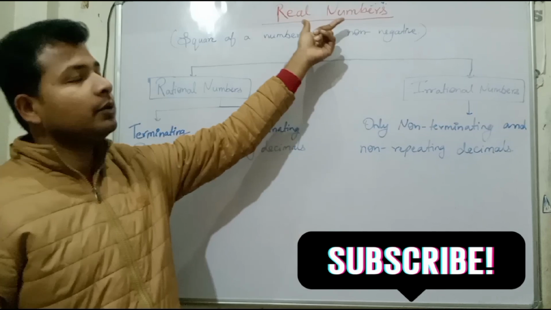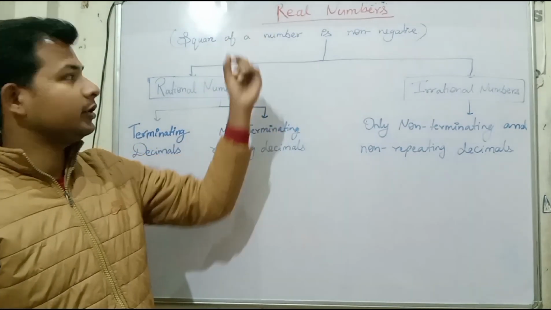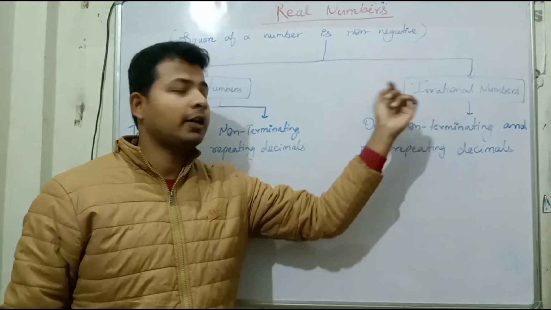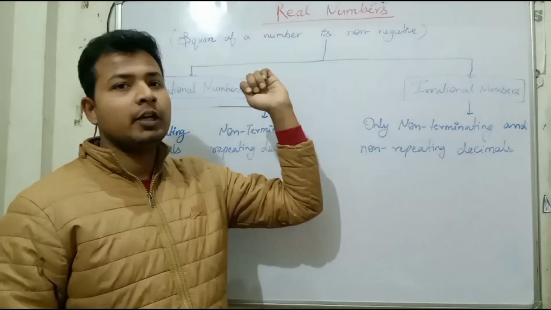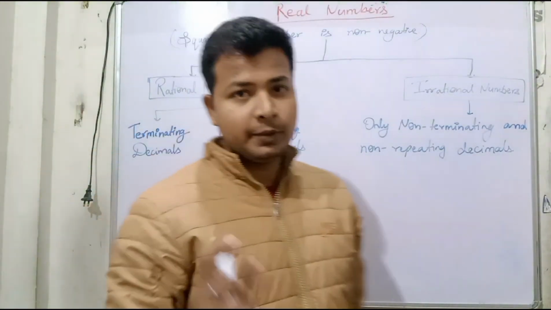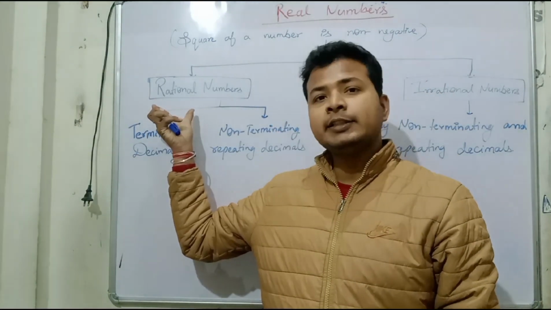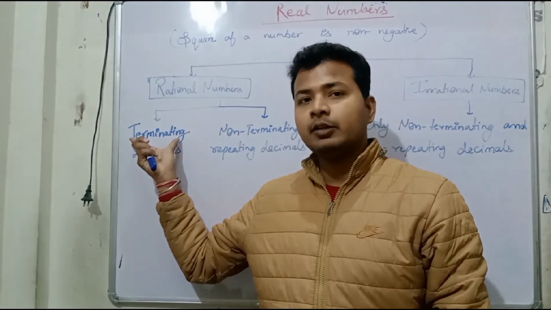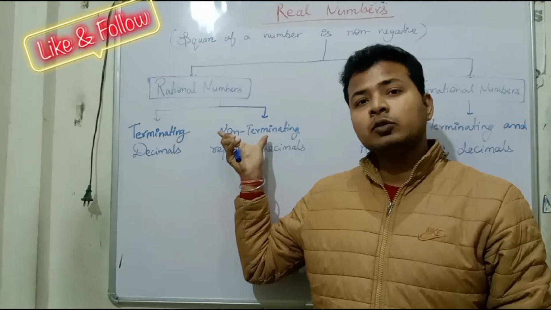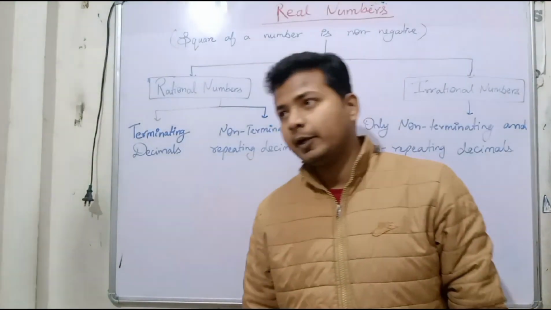So we have to start from the name real number. The usual meaning of this is that the combination of rational numbers as well as irrational numbers is known as real numbers. What is a rational number? A number which can be represented in the form of p by q. Also we can say a number whose decimal expansion is terminating, or a number whose decimal expansion is non-terminating as well as repeating.